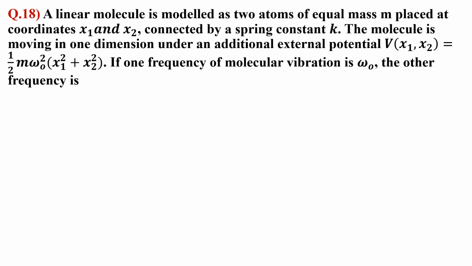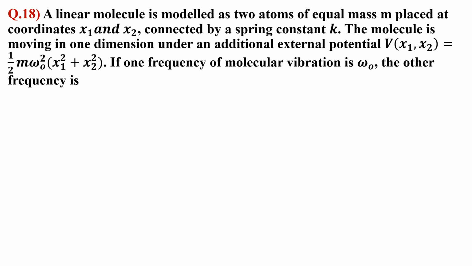Question 18. A linear molecule is modeled as two atoms of equal mass m placed at coordinates x1 and x2, connected by a spring of constant k. The molecule is moving in one dimension under an additional external potential V(x1, x2) equals half m omega naught square (x1 square plus x2 square).